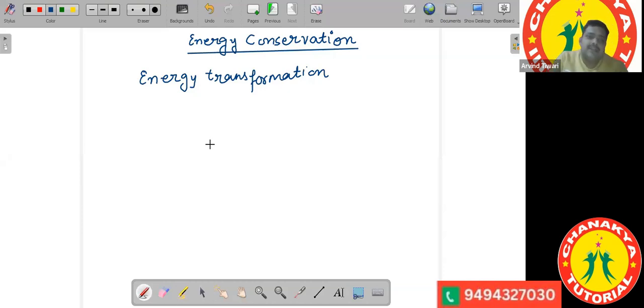Okay. So energy is just getting changed from one form to the other. We also learnt about the electric fan. The electric fan uses electrical energy and converts it to mechanical energy. Okay. So in everyday life, we observe that energy can neither be created nor be destroyed. It can just change from one form to the other. Okay. So this is called as energy conservation.